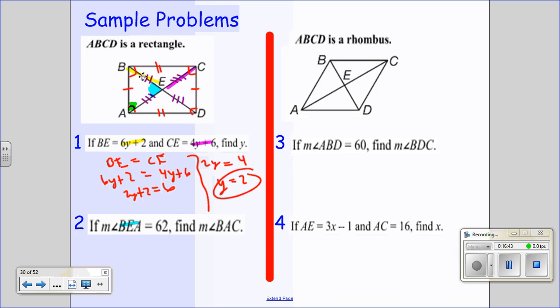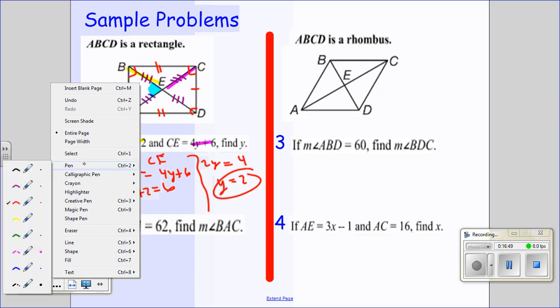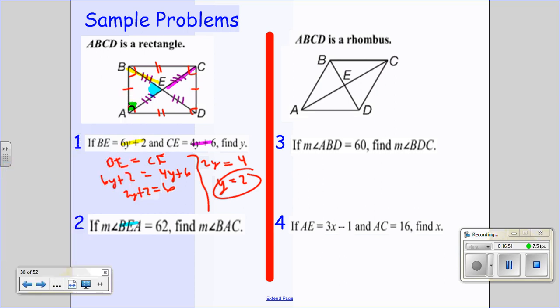I know it's isosceles because it has two congruent sides. So since it has two congruent sides, angle BAC, what I'm looking for, is the same measure as angle ABE or ABD, however you want to look at it. In other words, if I call this green one x, this one on top of it will also be x. So I could say I have 2x plus 62, and that's going to equal 180 because I have a triangle, BAE, right?